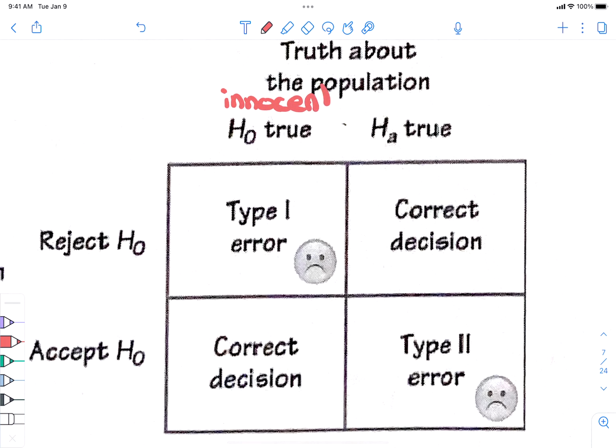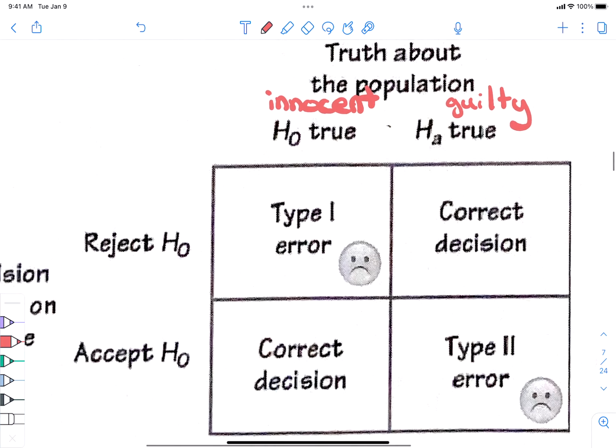So our person did not do the crime that we are accusing them of. And over here they are guilty. We're going to talk about both scenarios, whether they're truly innocent or truly guilty.